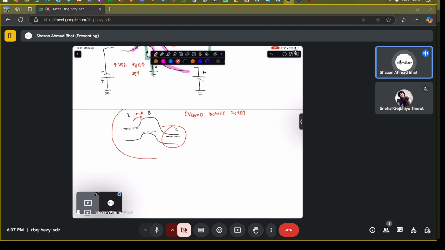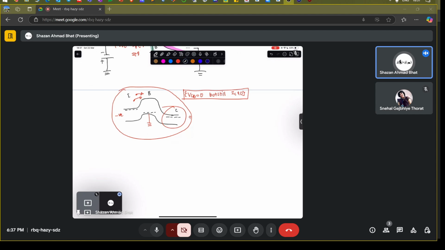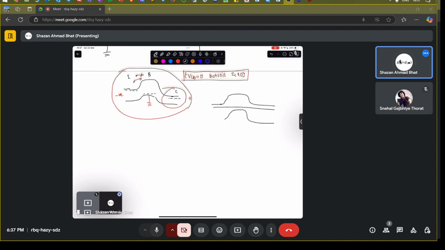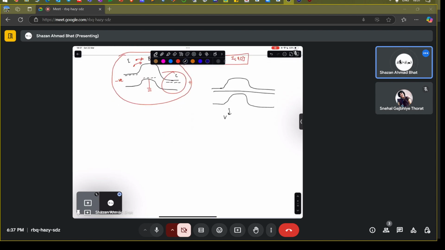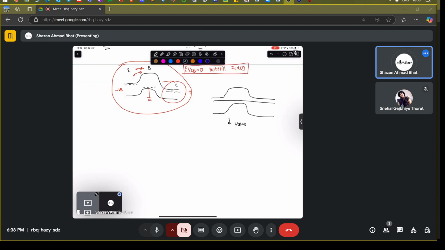Earlier, this band diagram is for when you have negative here, positive here, and this is grounded. But when you want to draw the band diagram for this case, how do you draw it? Let's say this is an equilibrium. Everything is flat. Now you are not applying any voltage, VCB is basically zero, but there is some voltage at this particular end.